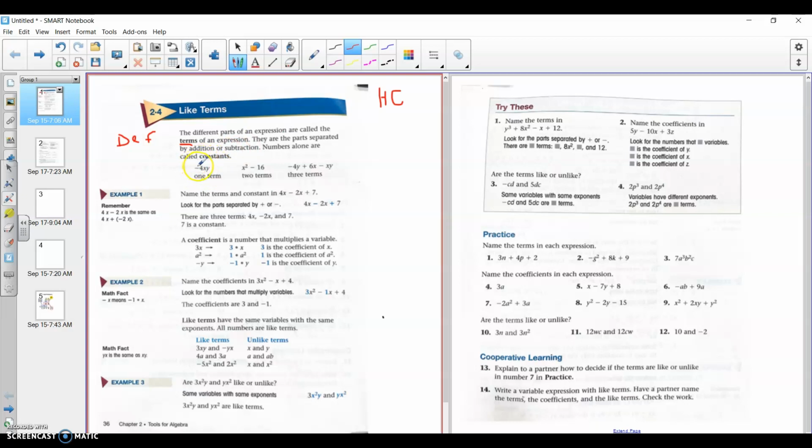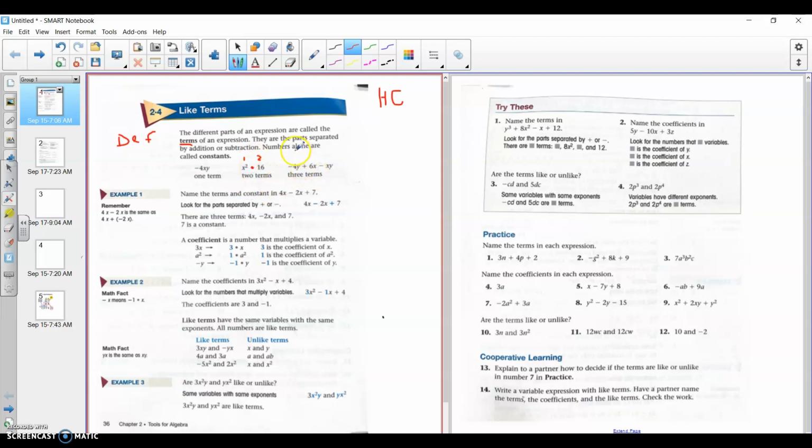So it's negative 4 times x times y. That is just one term. Now, when you look at two terms, let's take x squared minus 16. If you ignore the little minus here, you have one term here, and then you have a second term here. That is why it's two terms. You just completely ignore the operation in the middle.